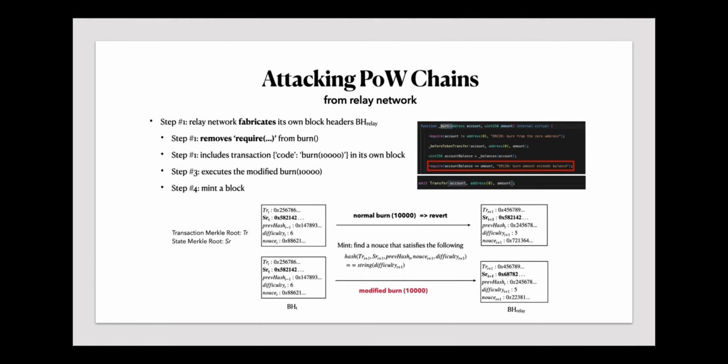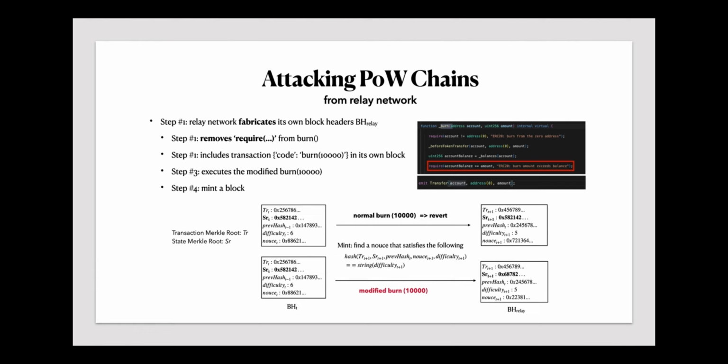Because it's only a header, it can try to remove some of the validation process from the smart contract in the burning method, and it could include some transaction code, for example burning 10K tokens in its own created malicious block, and then when it executes a modified result, the magic could happen, because there's no validation process to actually check where the transaction actually happened, and whether the block header is a legitimate one or it's from a malicious node in the relay network.